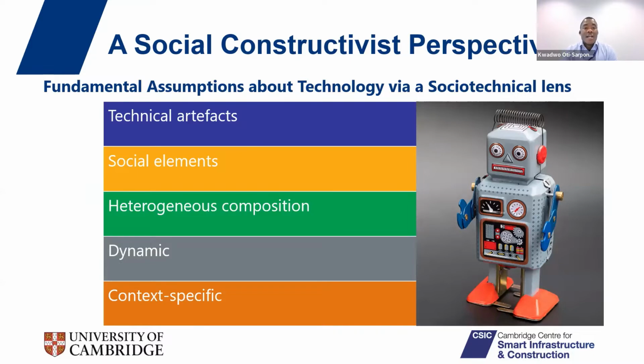Essentially, technology emerges from the interaction between technical artifacts and social elements in dynamic or ever-changing contexts. And so with this heterogeneous composition of actors and technical artifacts within a given setting, the interpretation is that they are in constant flux, they are constantly changing.